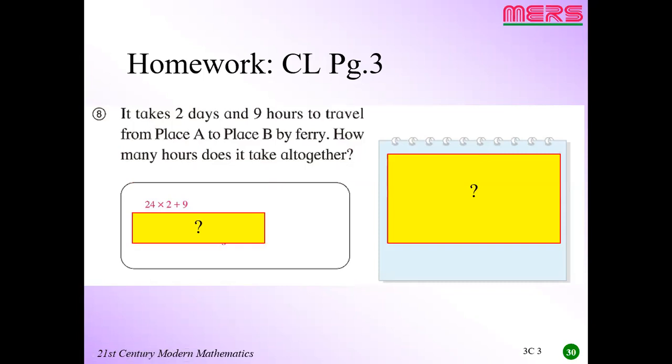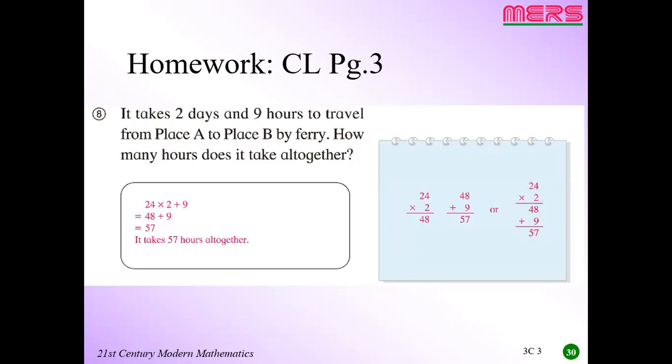Have you finished? Okay, let's check the answers here. You should have 2 steps. Always remember, you need to show every step in your calculation. Okay, the answer will be 57. It takes 57 hours altogether. And check your column form on your right-hand side. Are you correct?